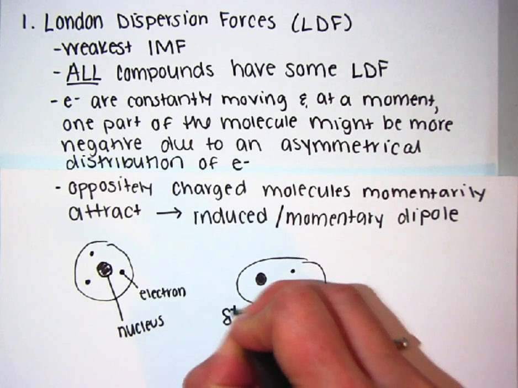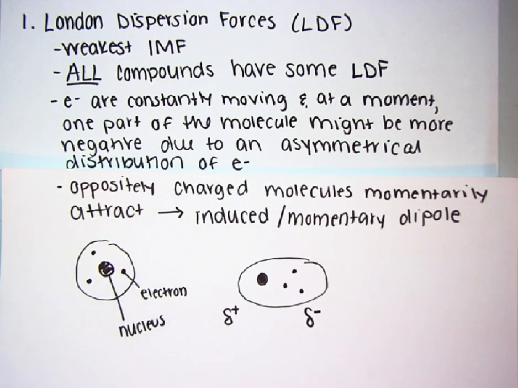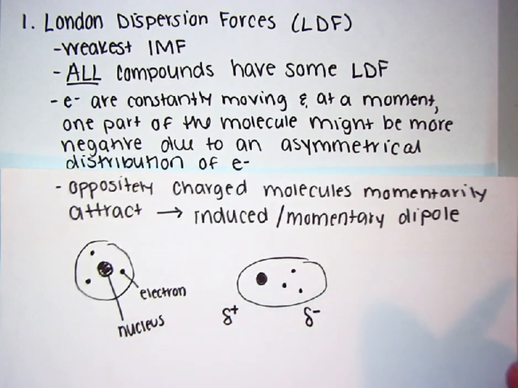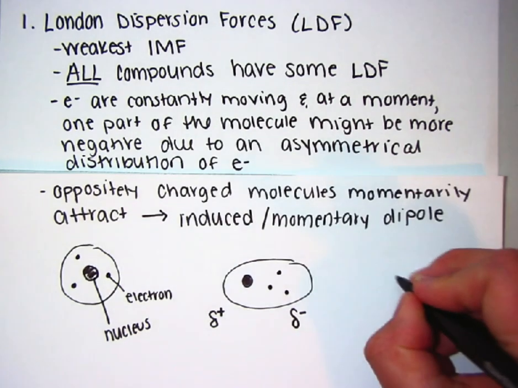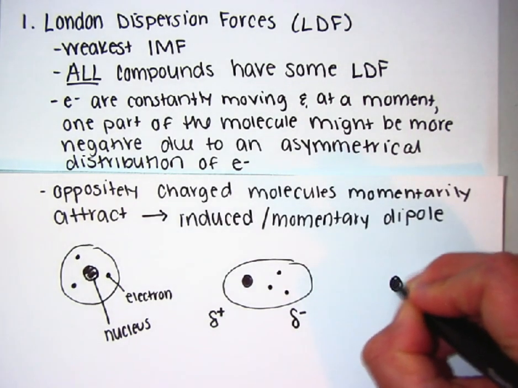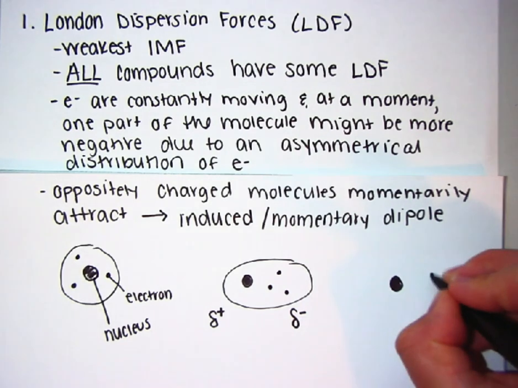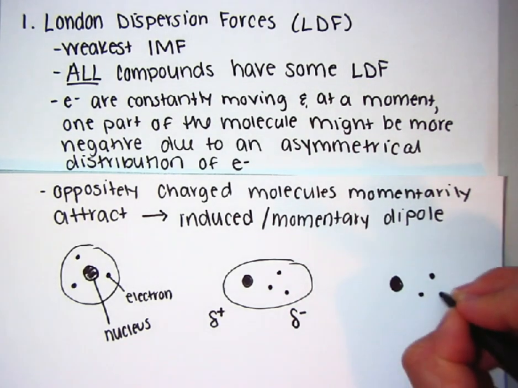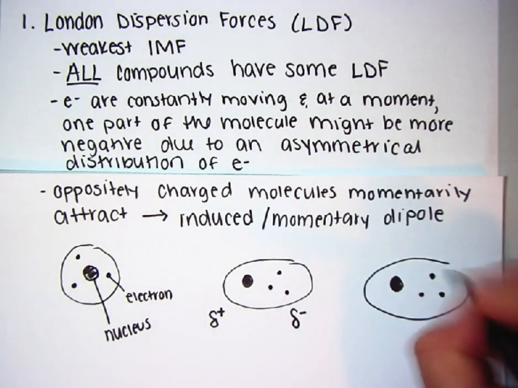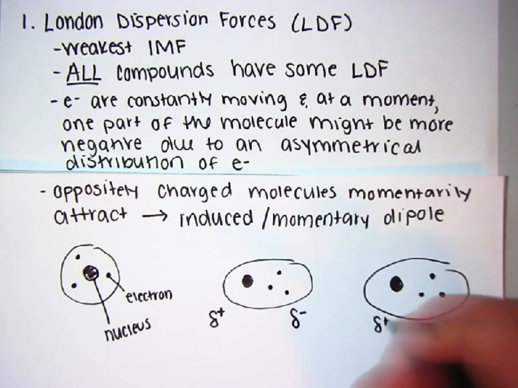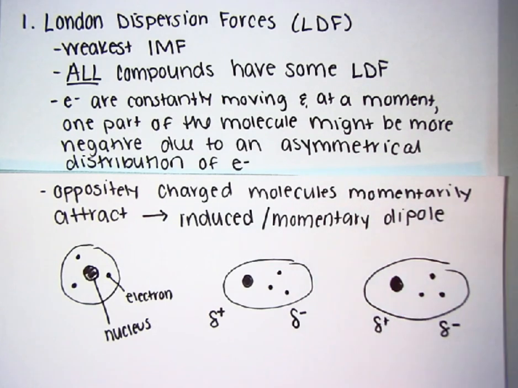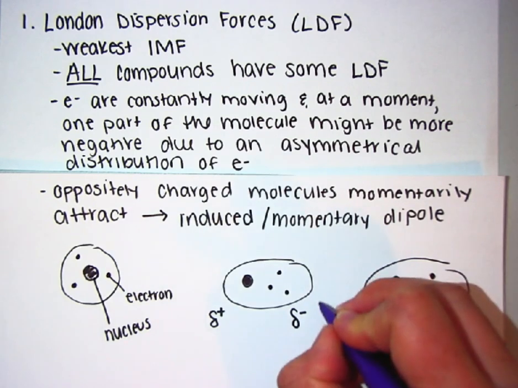There are fewer or no electrons on this side, so this side is going to be partial positive. If this happens with a neighboring molecule, we can have an intermolecular force occurring here.